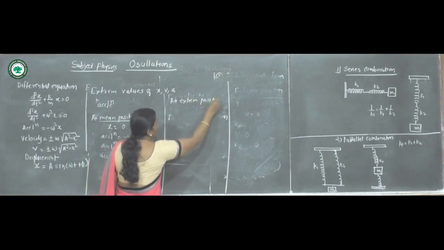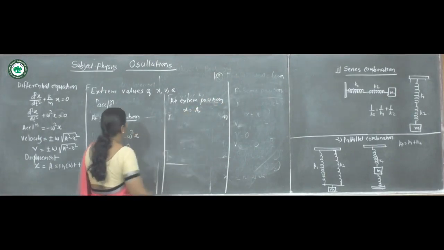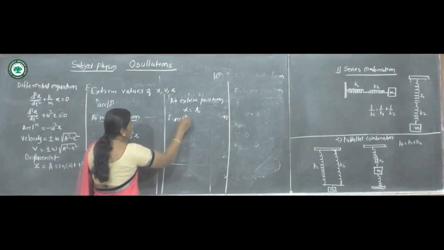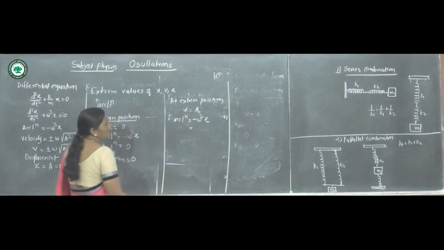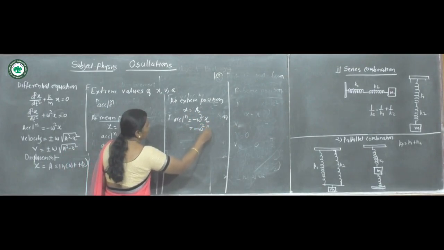Now substitute the value of x at extreme position. At extreme position, x is equal to plus or minus a. Substitute here, acceleration is equal to minus omega square x. Then substituting the value of x in this equation, we get omega square into a.